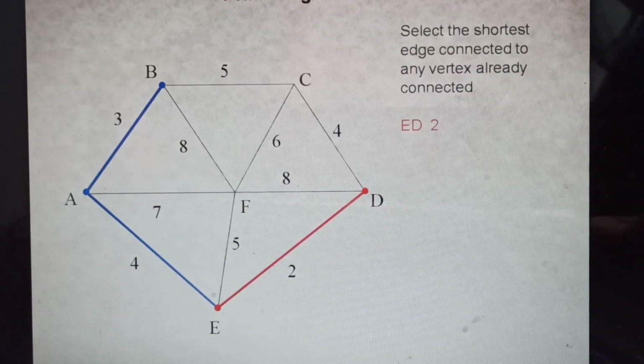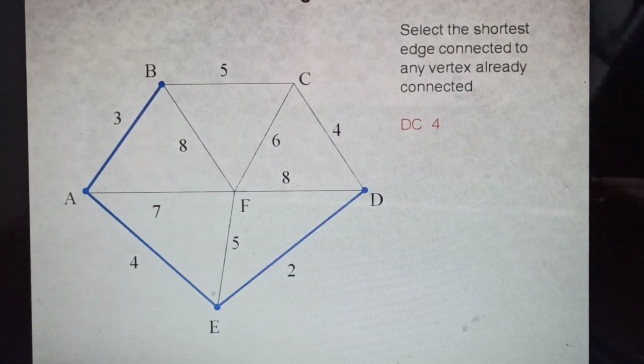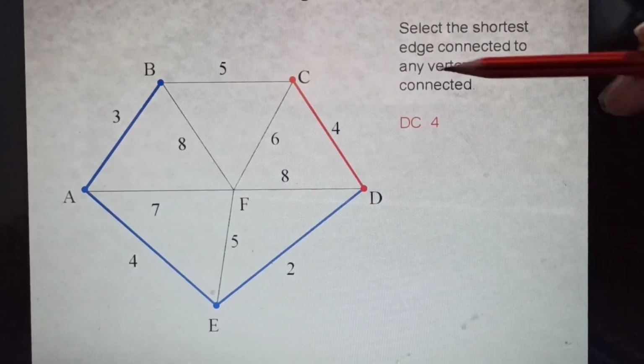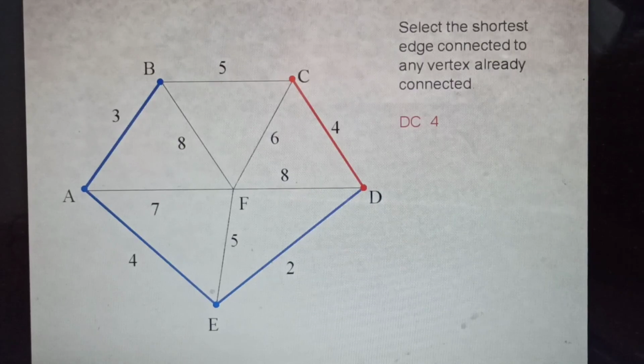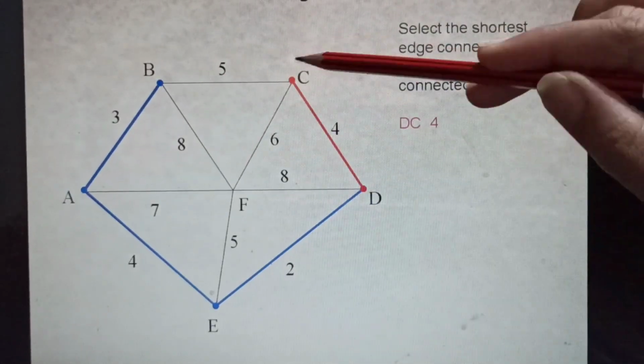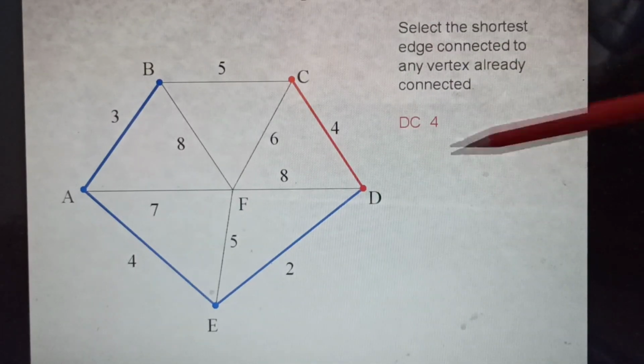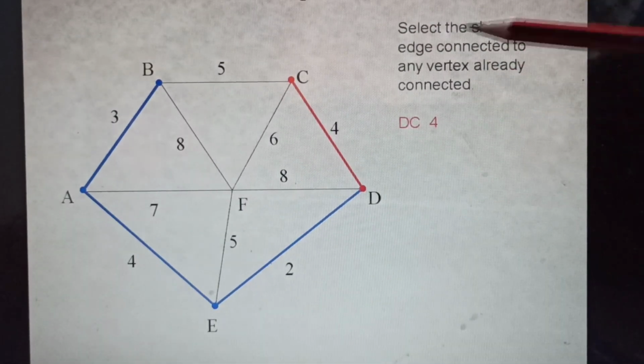CD is the next minimum weighted edge, so we select that. Now from A, B, C, D, E, we again consider all outgoing edges and select the next minimum weighted edge.